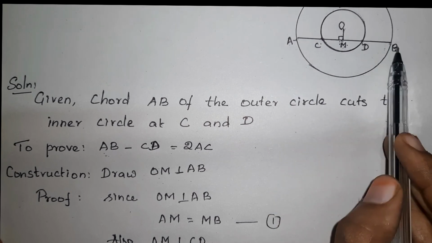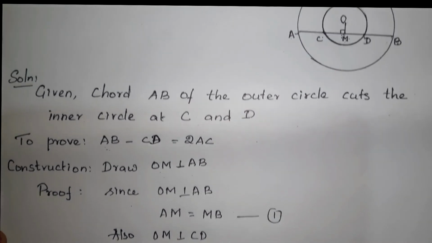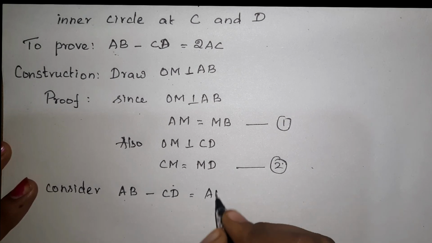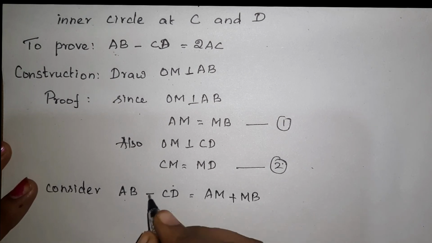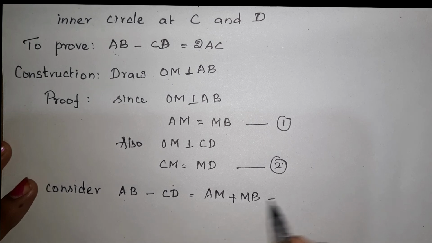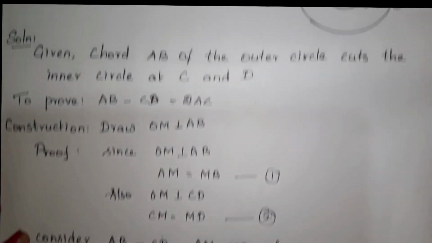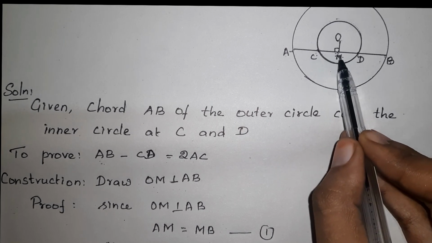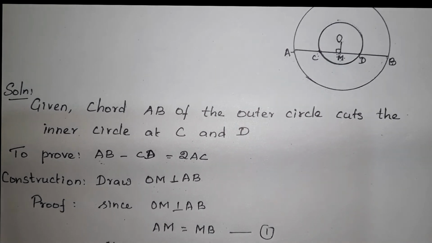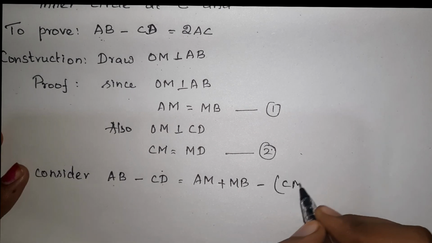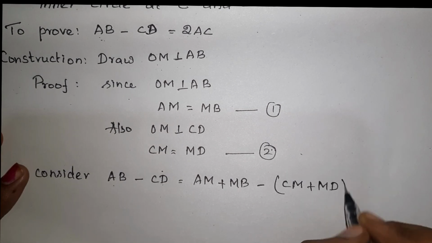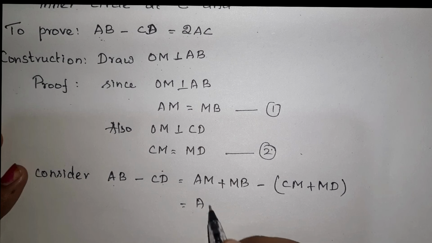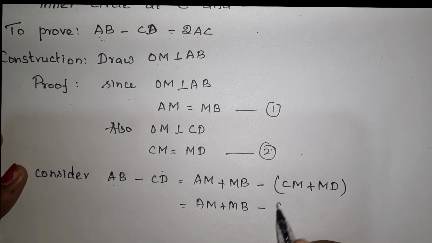Then this minus. Next CD value, how to write? CD, this length, again using the midpoint I am writing. So CM plus MD. So that is equal to AM plus MB minus, multiply this minus inside, minus CM minus MD.